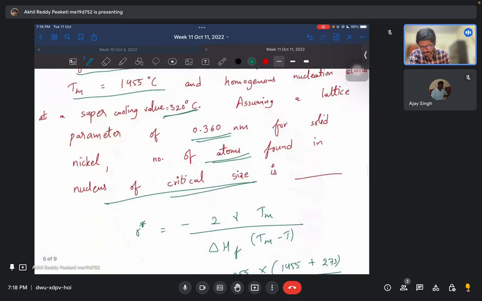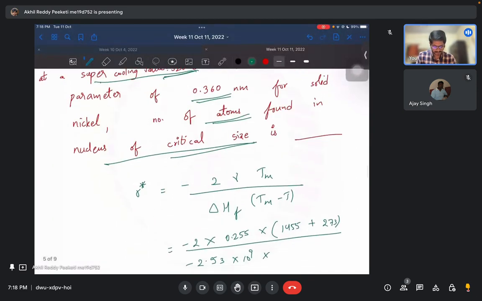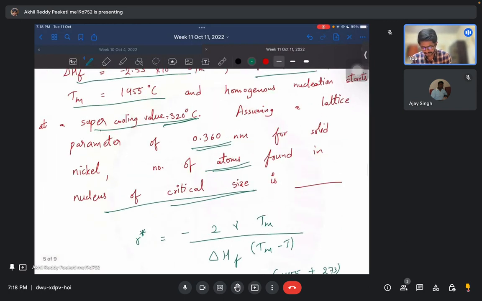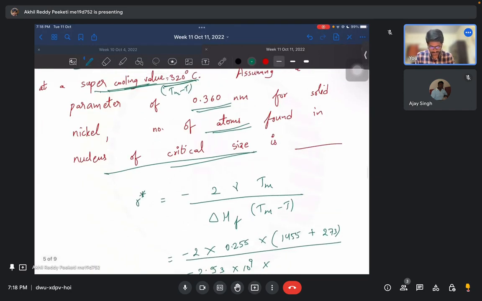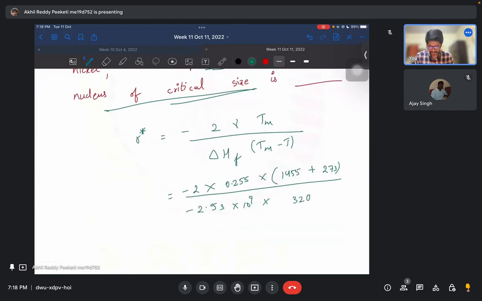And then here the supercooling value is given. That means the supercooling value is actually the temperature, like how much it is lower than the melting point. So actually the difference is directly given. So when they say supercooling, this is actually Tm minus T.